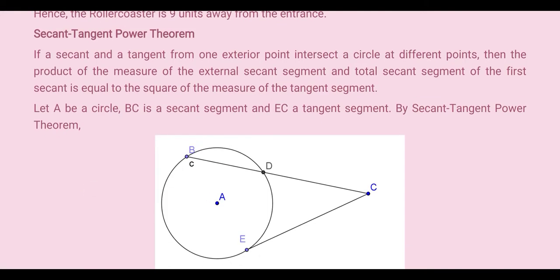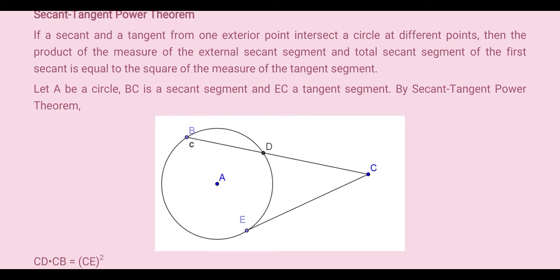Okay, so we're going to talk about the second power theorem, which is the secant-tangent power theorem. Let A be a circle, BC is a secant segment, and EC is the tangent segment.